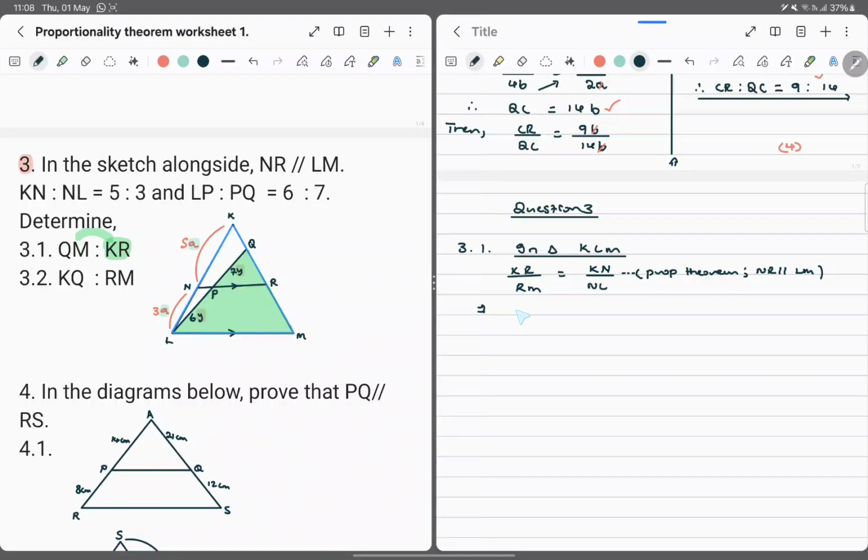So this implies that KR over RM is equal to KN, which is 5A, divided by NL, which is 3A, and then we cross multiply RM, so we can make a conclusion that therefore KR is equal to 5 over 3 RM.